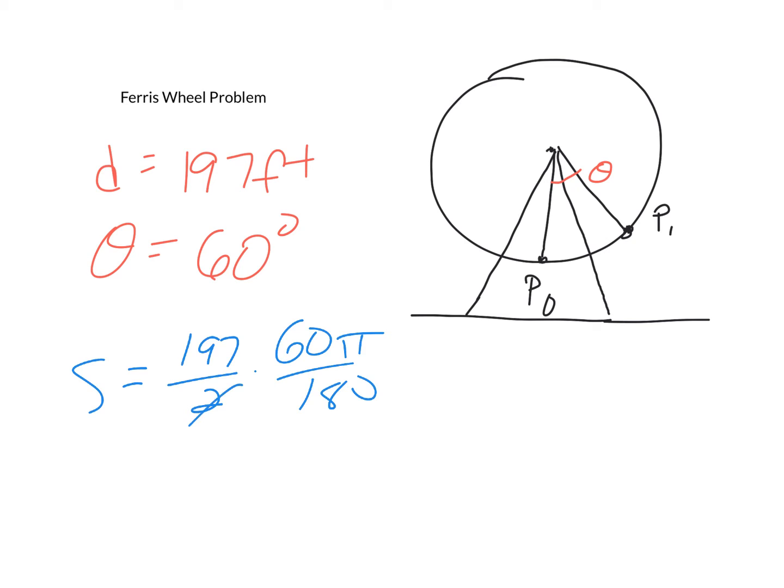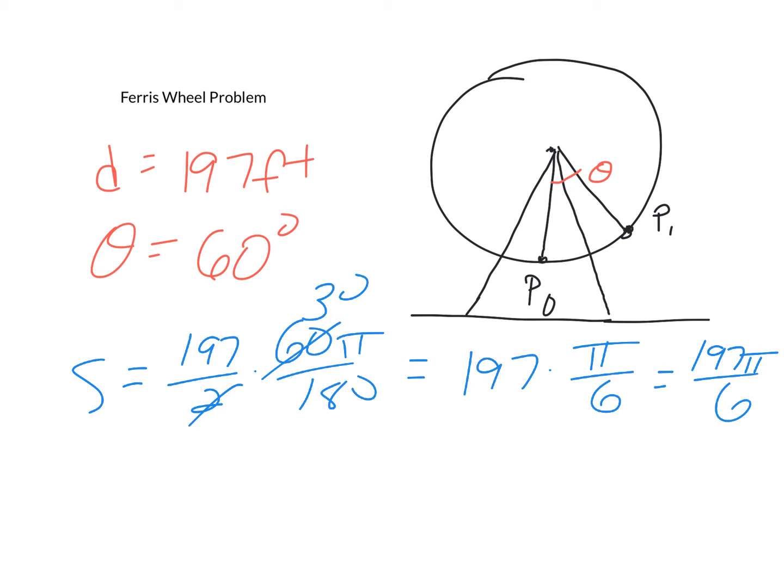I'm going to get rid of the 2 and make it 30 over 180 instead. That reduces down to pi over 6. Is it divisible by 3? No, it's not. So our final answer would be 197 pi over 6.